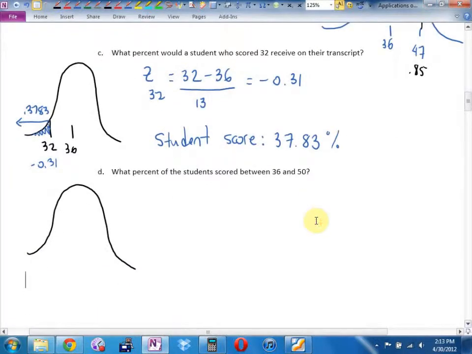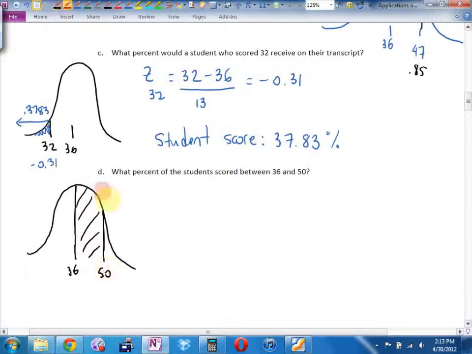What percent scored between 36 and 50? The mean is 36. Oh, and that's the first score they want me to deal with. Where would 50 be? To the right or to the left? Over here somewhere? And Tanner, we would like to find that area. How?